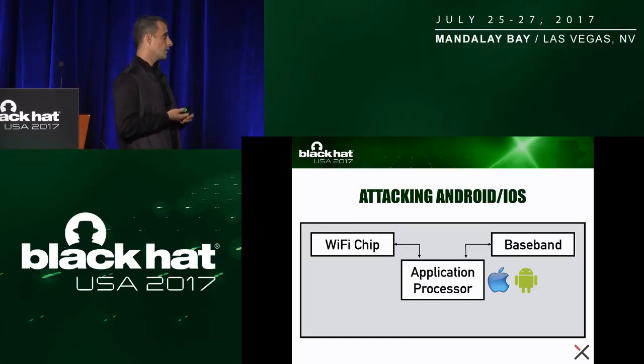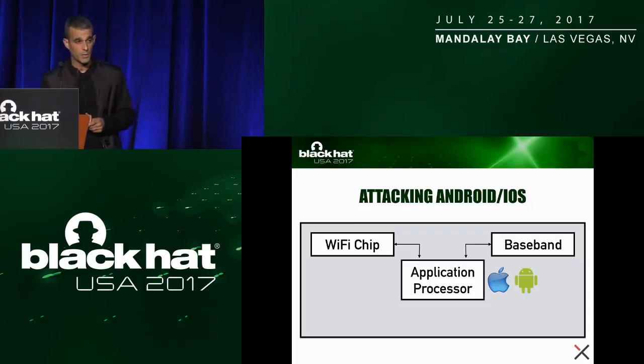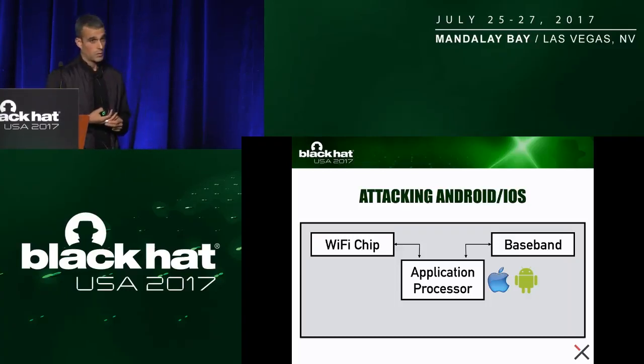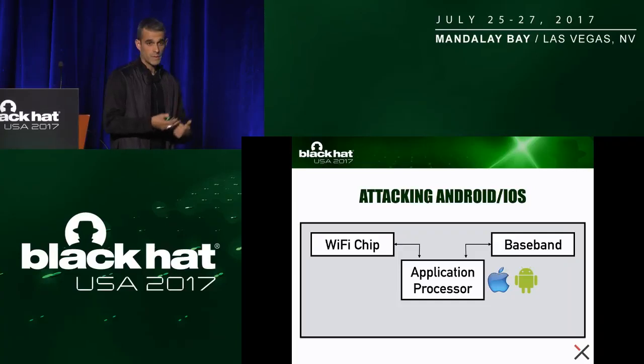And another is the Wi-Fi chip. Both of them have a connection via various interfaces such as PCIe to the application processor. So they're in a much more convenient position to attack the kernel, the main system. So we started having a look at those two subsystems.